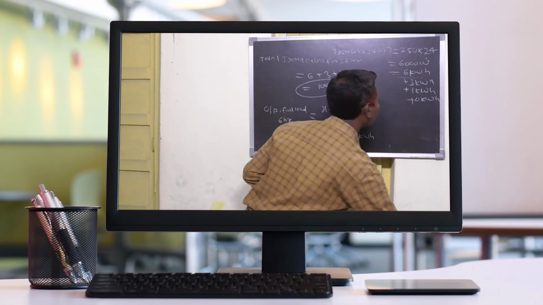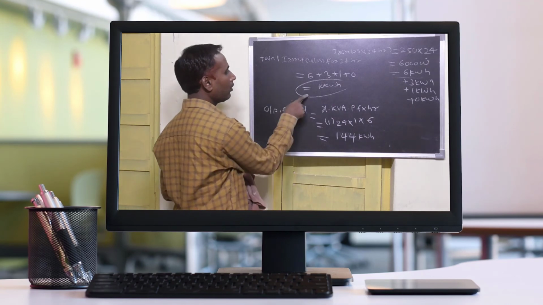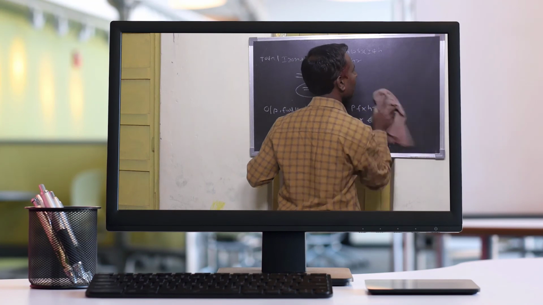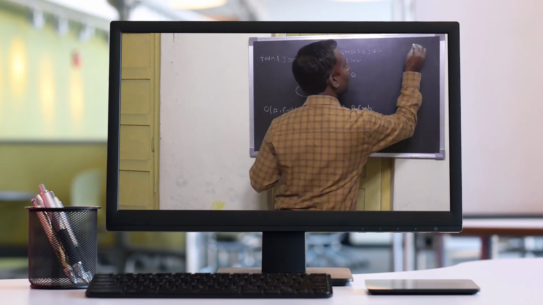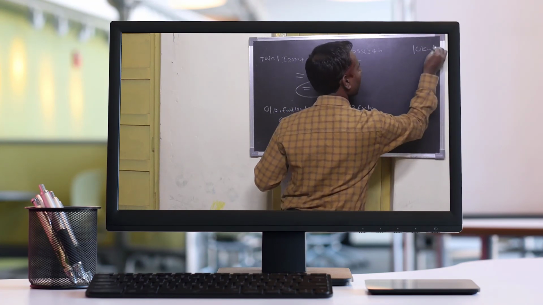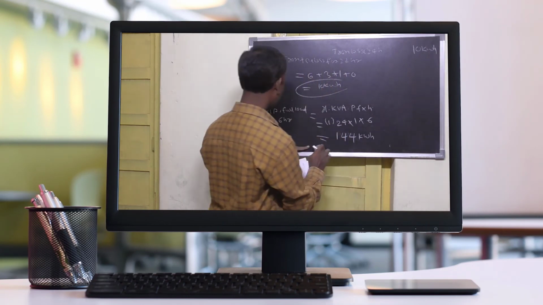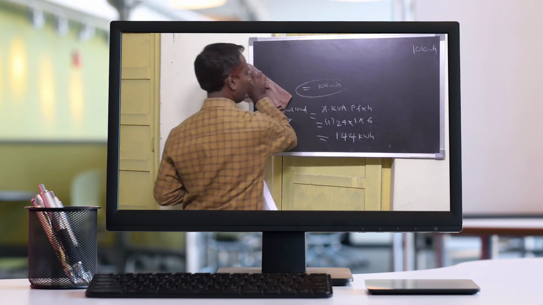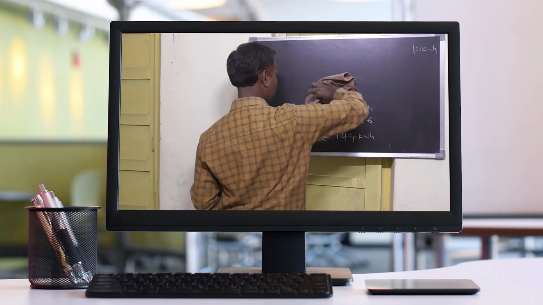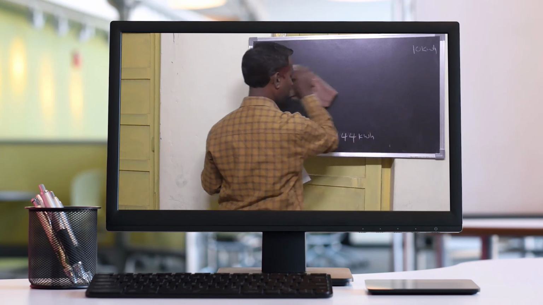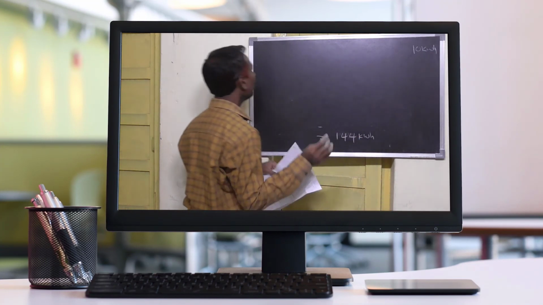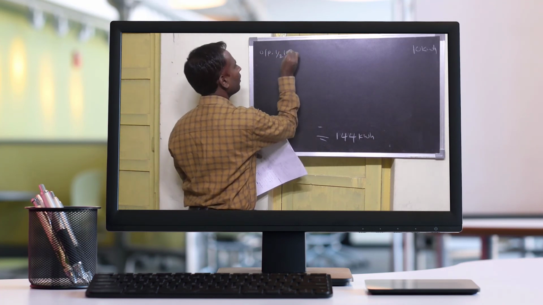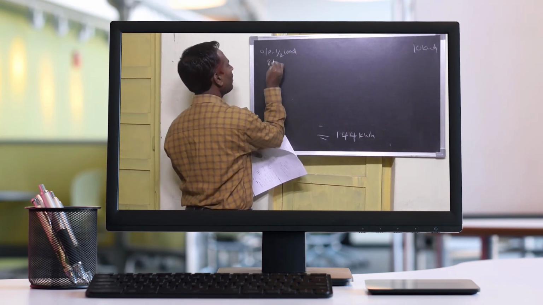Note down that total loss is 10 kilowatt hour. Up to here, no problem. Next, output at half load, timing 8 hour.